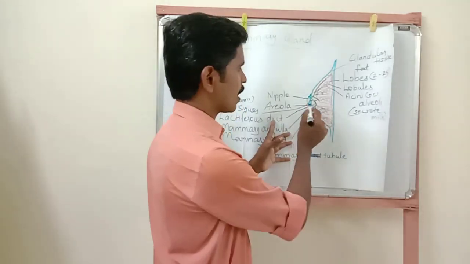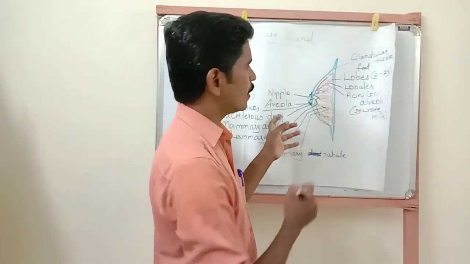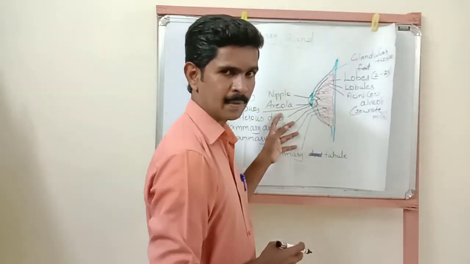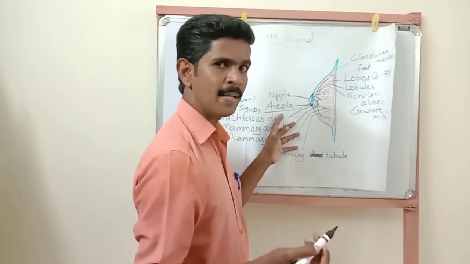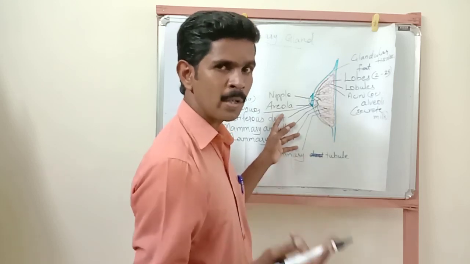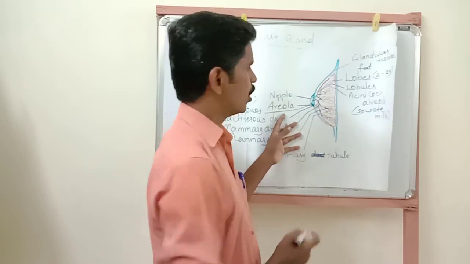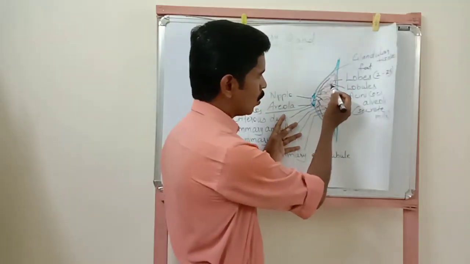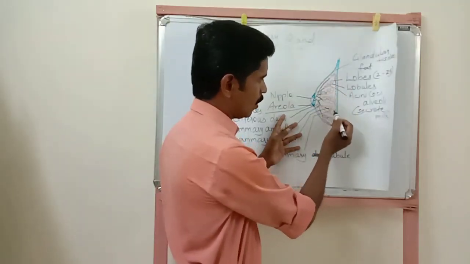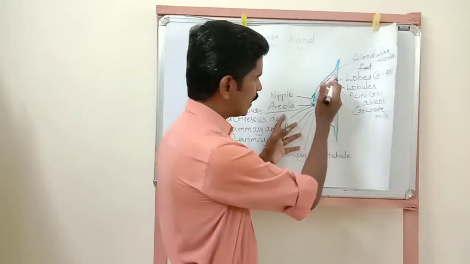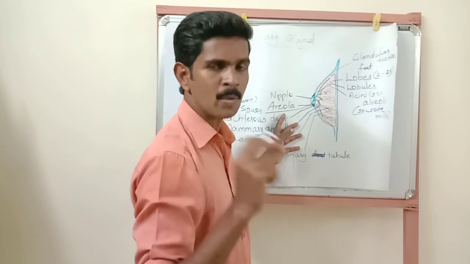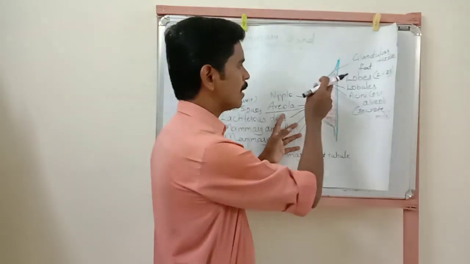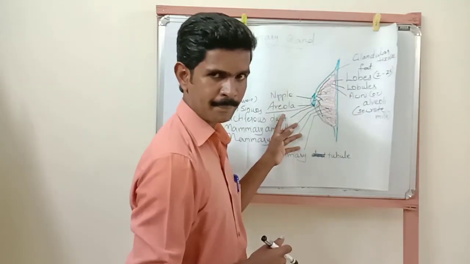This is the structure of one mammary gland. On the inner side, the mammary gland is divided into 2 to 25 small lobes. Just imagine this is one lobe, second lobe, third lobe, fourth lobe, fifth lobe. So in this chart I have 5 lobes. So 2 to 25 lobes are present in each mammary gland.